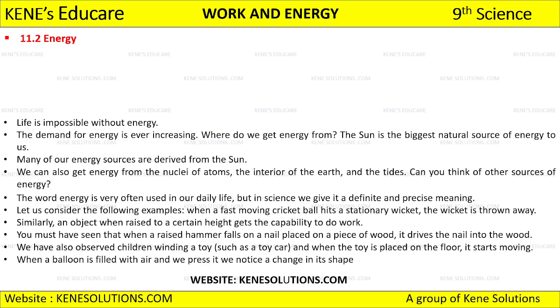That is why they have stated that the sun is the biggest natural source of energy to us, and many of our energy sources are also derived from the sun. Though the sun is not directly providing us with the other forms of energy, we are using that as a source, and we are coming up with different energy sources. So many of the energy sources we derive from the sun itself.